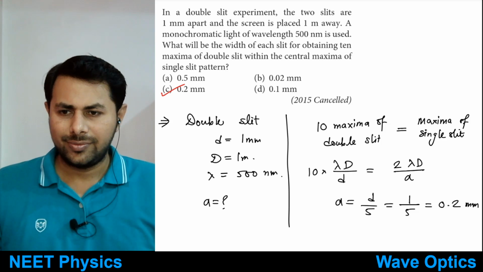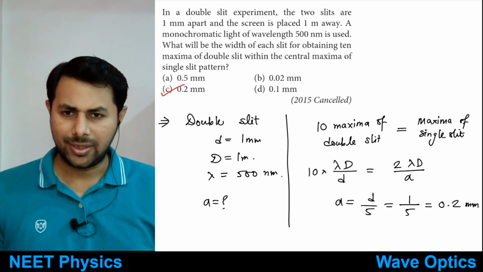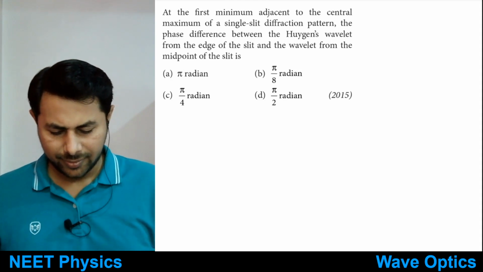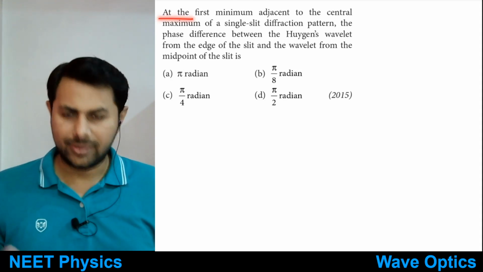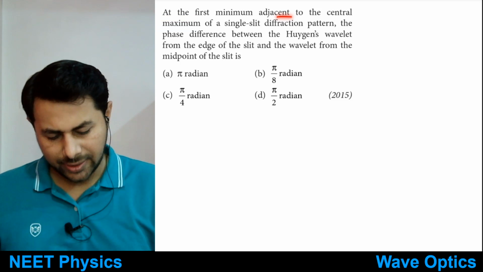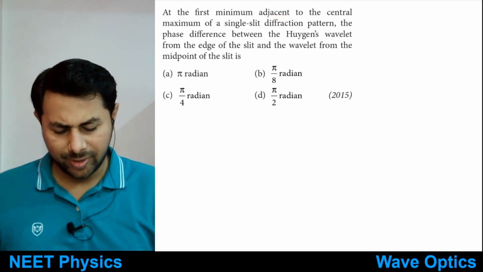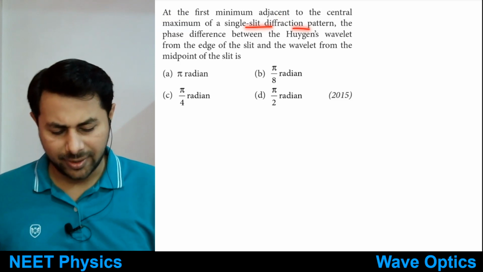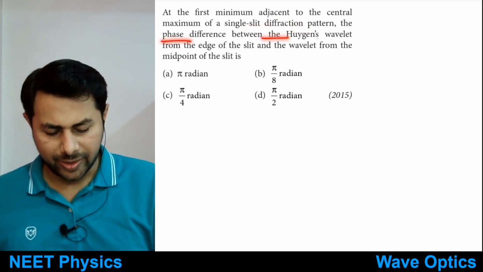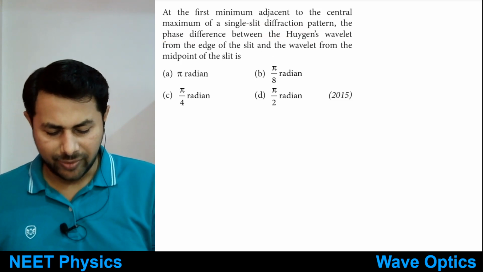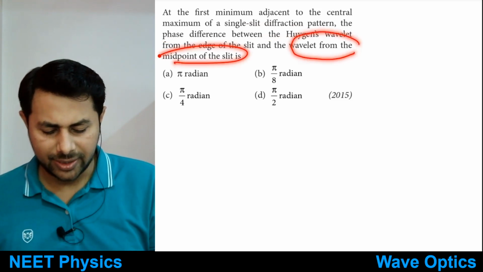Yes, no? Okay, good. Let's see the next one. At the first minimum adjacent to the central maximum of the single slit diffraction pattern, the phase difference between the Huygens wavelet from the edge of the slit and the wavelet from the midpoint of the slit is.